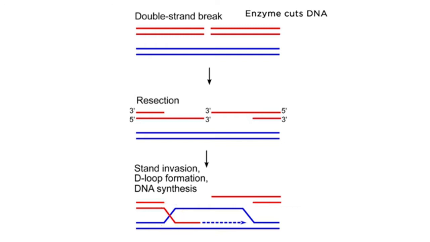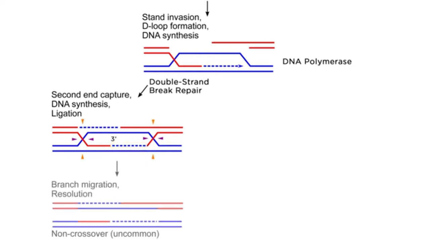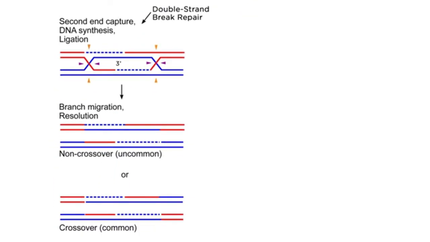The 3' end of the invading strand gets extended by a DNA polymerase, and the polymerase copies the intact DNA strand. As DNA synthesis proceeds, the D-loop becomes larger, till the displaced strand bumps into the 3' end of the broken strand. At this point, the displaced strand of the intact DNA is able to base pair with the 3' end of the broken strand.